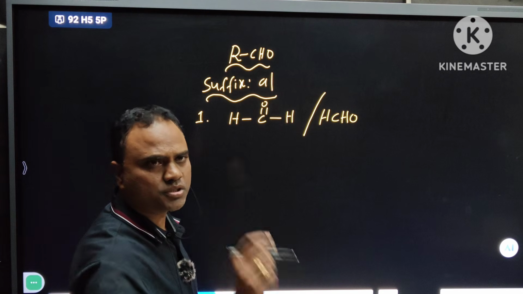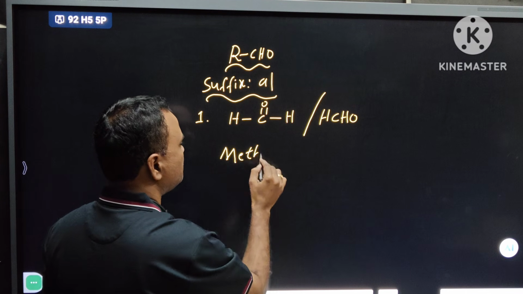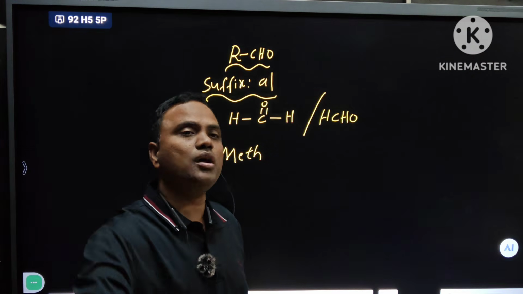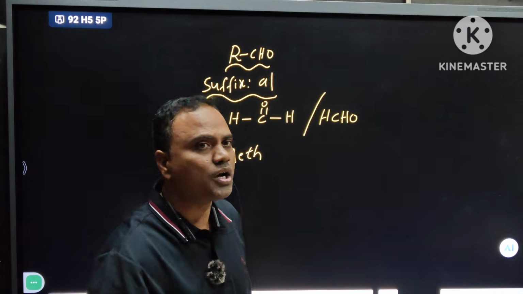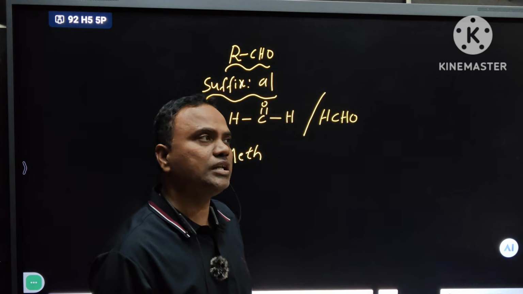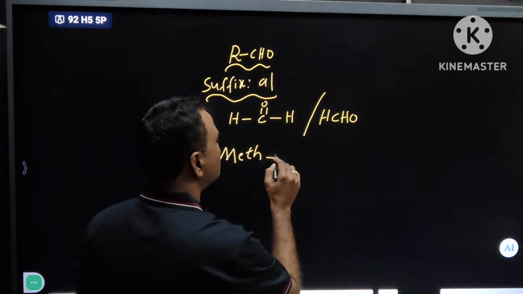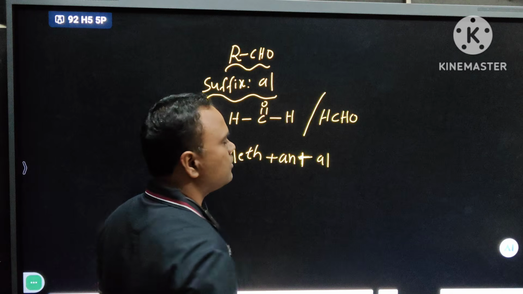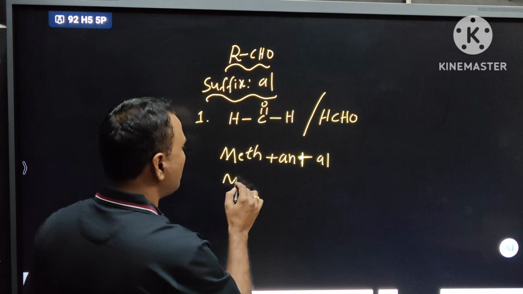How many carbons are present? 1 carbon is present: meth. Is there any carbon-carbon double bond? No. Carbon-oxygen is there, but carbon-carbon is not. When carbon-carbon double or triple bonds are present, then only we write ene or yne. Otherwise, we write ane. Meth plus ane plus al.